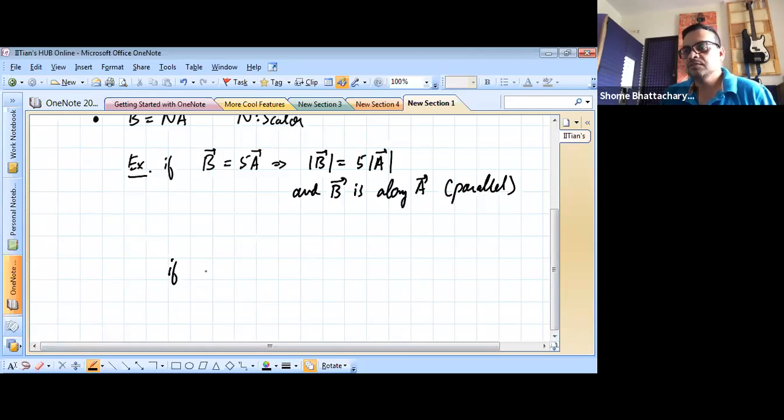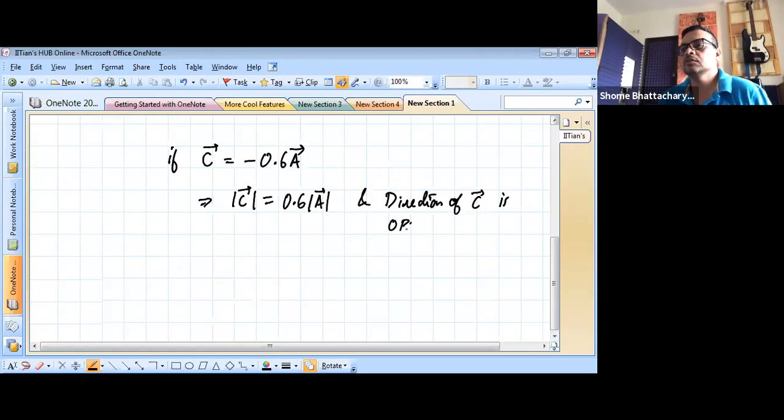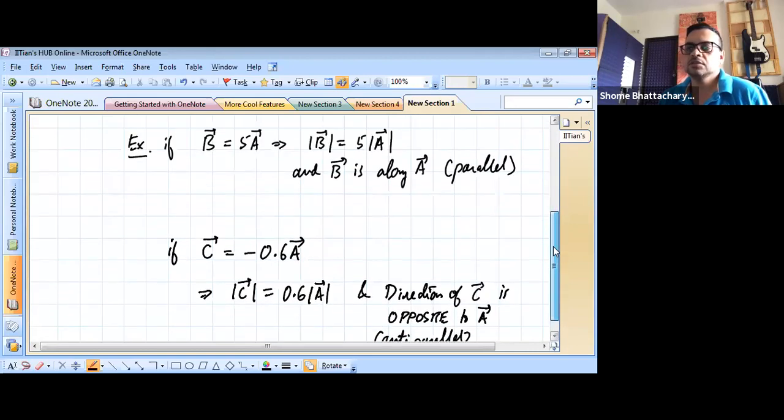Whereas if, for example, we have a relation that vector C is, let us say, minus 0.6 times vector E, it means that the magnitude of vector C is 0.6 times the magnitude of vector E. But the minus sign here indicates that the direction of C is opposite to the direction of E because of the minus sign, or what we call anti-parallel. So this is one of the first things that we learned last time.